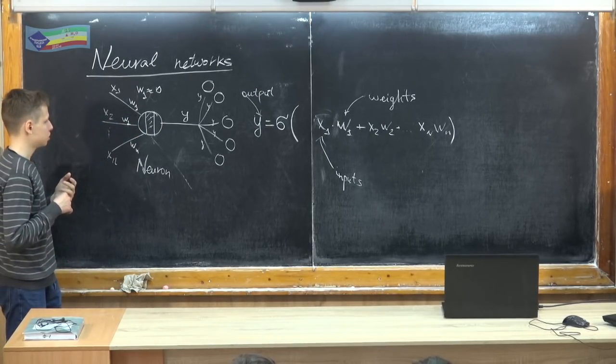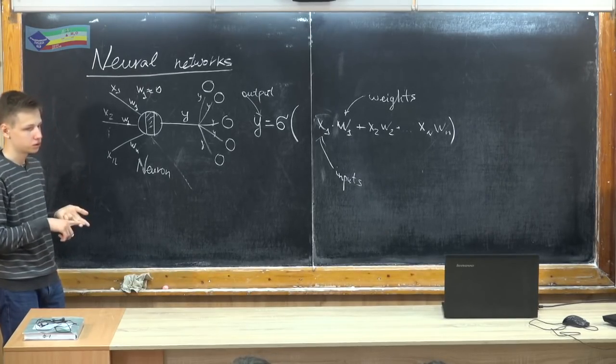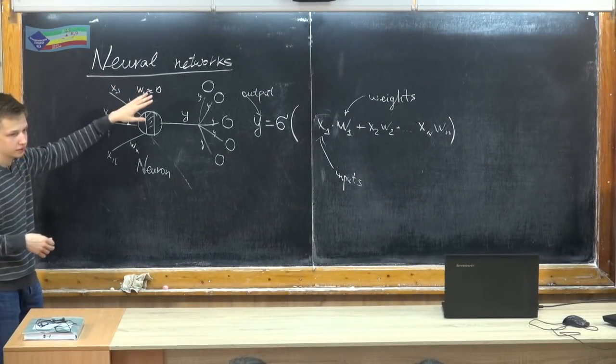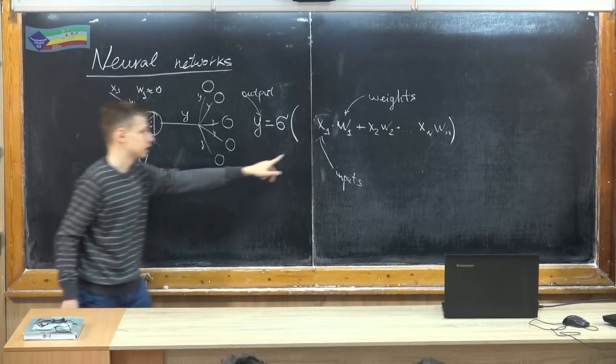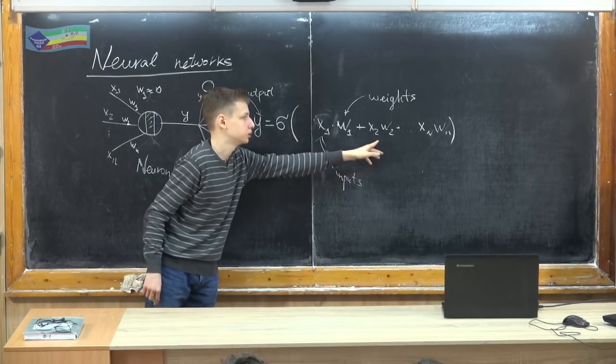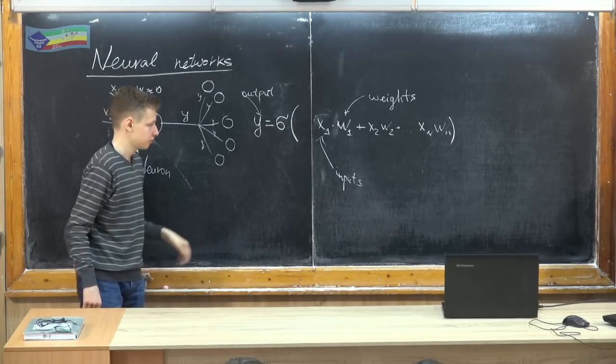These weights can be positive or negative, and they basically define how the neural network will behave. They will be the parameters that we will try to optimize.